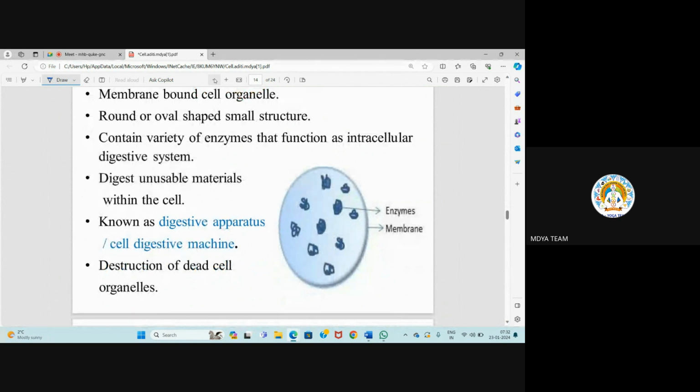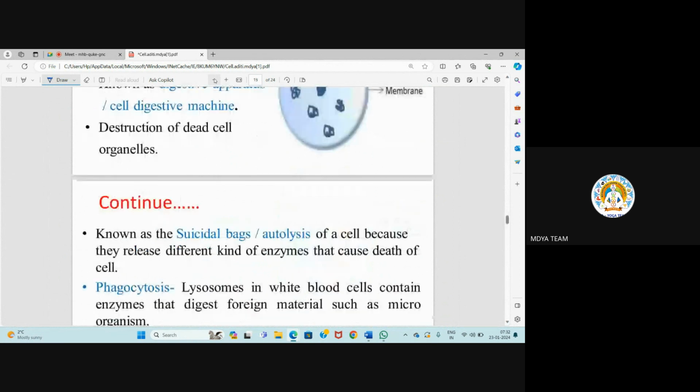Cell maybe some parts of the cell become dead or destructed, so those parts are also being digested or cleansed by lysosome. So sometimes because of its digestive property, it digests itself by mistake. Okay, sometimes lysosome digests itself. It is eating itself. That is why it is also known as suicidal bags.